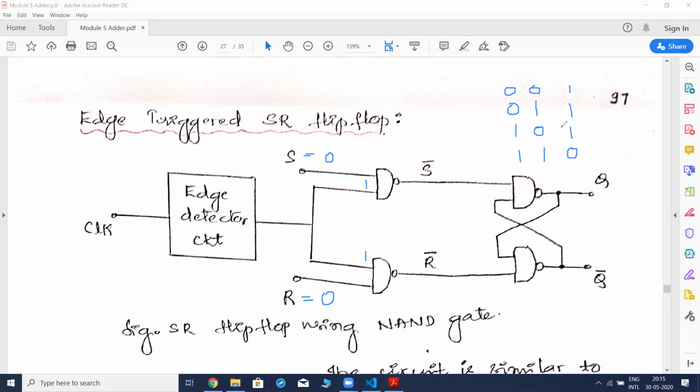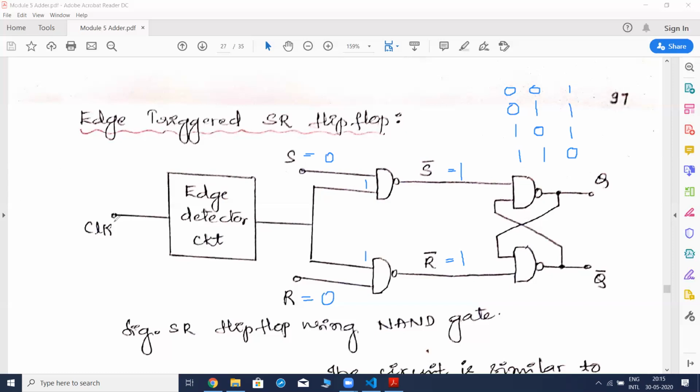Now look at the truth table of this. Both of them are 0 0. When both are 0 0, we are getting S bar as 1 and R bar as 1. Now it is nothing but an S bar R bar latch.